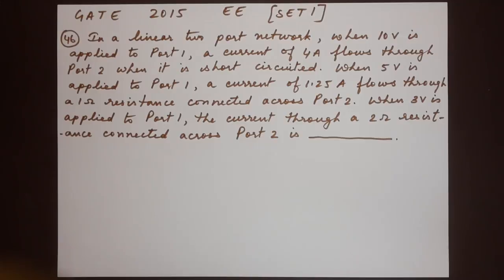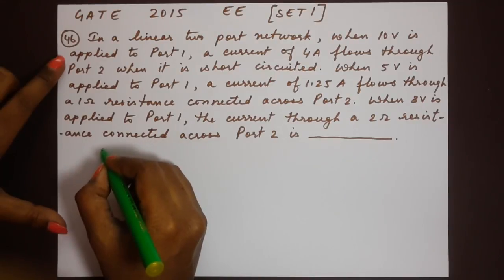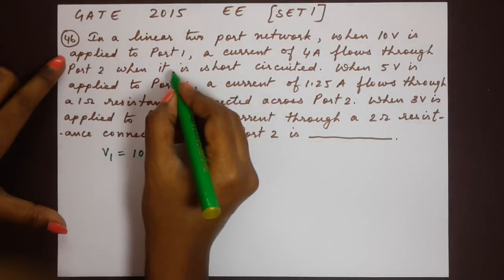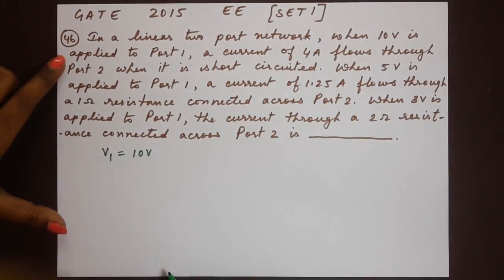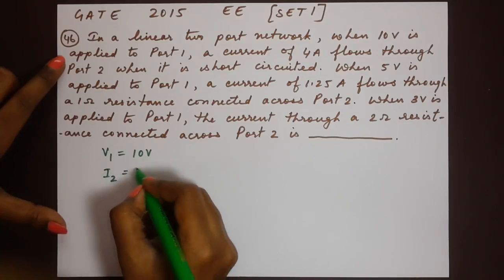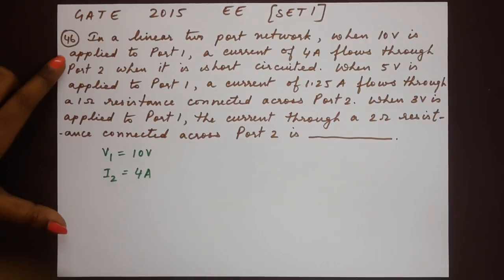So let's write down what's given to us first and then start working on it. We have first been given that the voltage V1 is 10 volts. When it is applied to port 1, a current of 4 amps flows through port 2, which means I2 is equal to 4 amps. Now that's the first case.